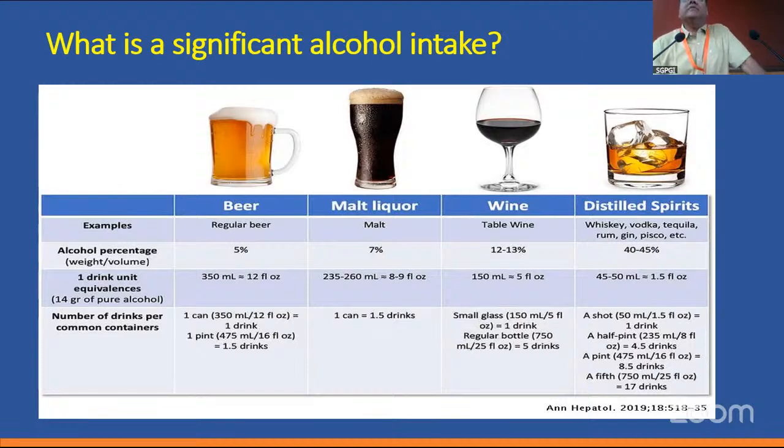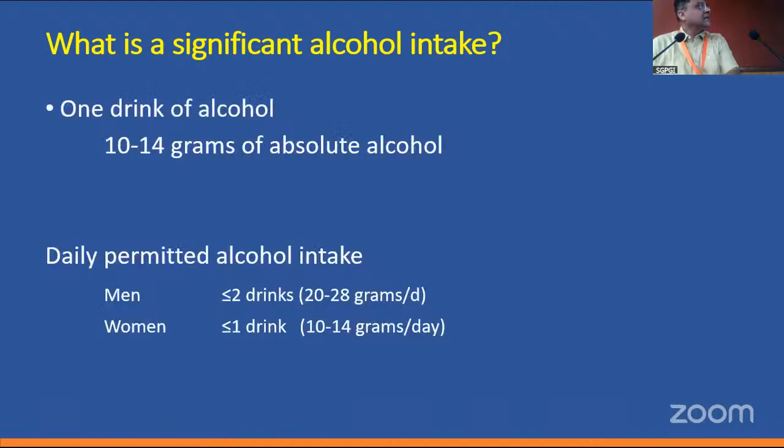So depending upon the volume of alcohol he has taken in a day, multiplied by the percentage of alcohol concentration, we do a rough estimation and say that this much alcohol he is taking in a day. But it is very approximate, it is not accurate. This we have to understand.